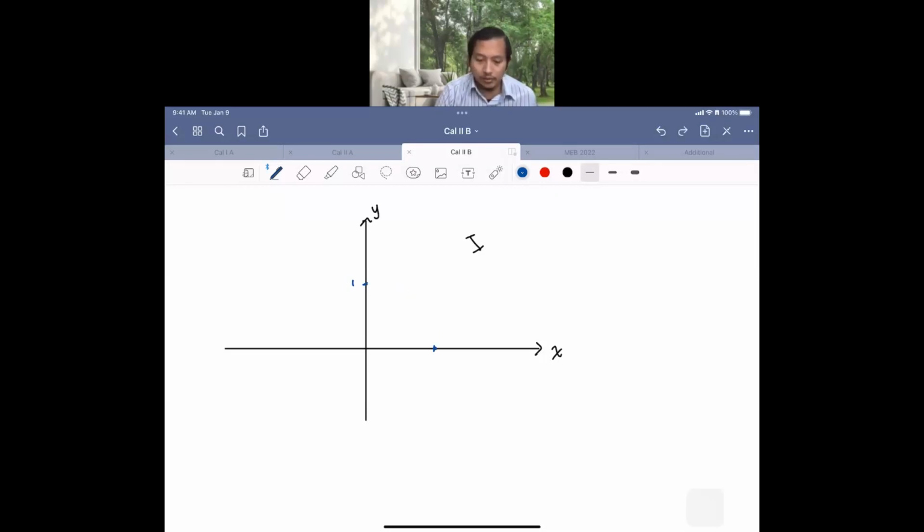Then the second equation is going to be here.